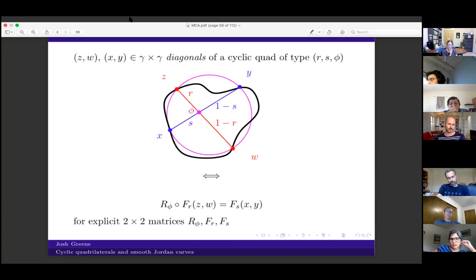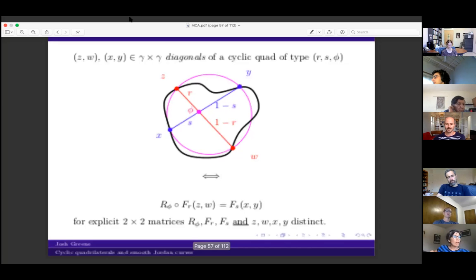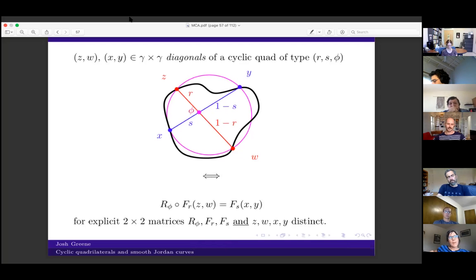But there are these 2x2 matrices, and you should think of ZW as a vector, and XY similarly. So it just boils down to a simple linear relation between ZW and XY, which depends on these three parameters. With this little caveat that those 4 points should all be distinct. Otherwise, you satisfy this equation, but you're just looking at a degenerate copy of the cyclic quadrilateral. It's just a single point on the curve.